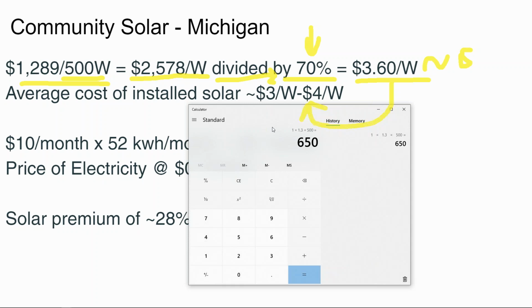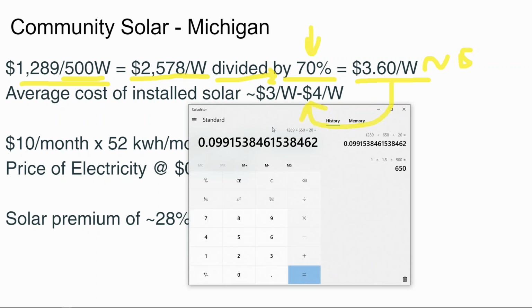So if we're taking $1,289 and dividing it by 650 kilowatt hours, and let's call it a 20-year program, they're prepaying 10 cents a kilowatt hour for their electricity over the course of 20 years, all up front.